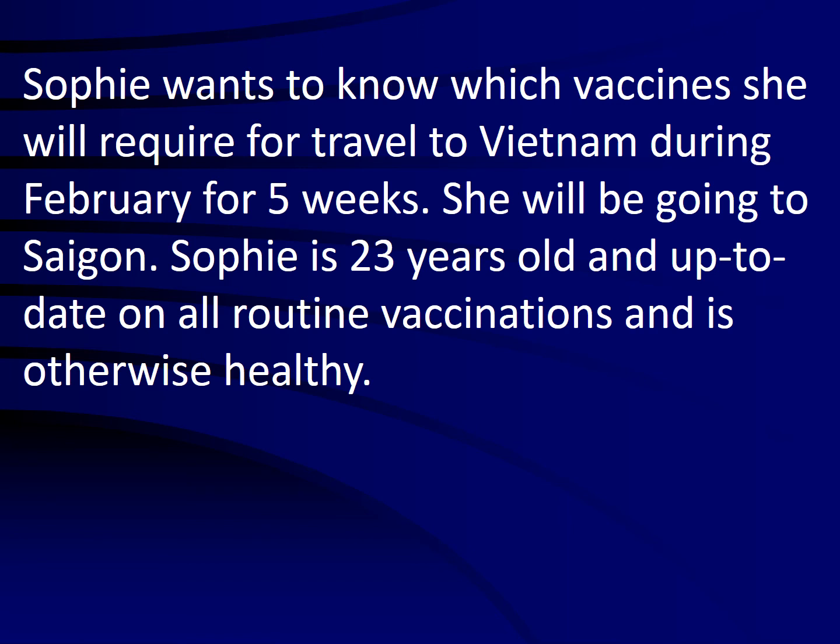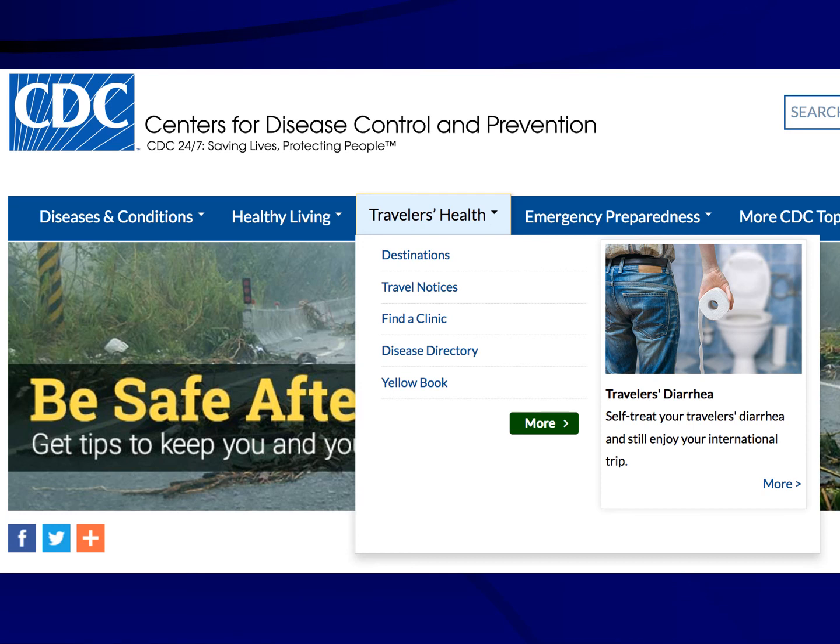So whenever I receive a question about travel vaccinations, I know to automatically go to the CDC website under travel vaccinations. So Traveler's Health is on the home page for the CDC. And all you do is choose Traveler's Health with the drop-down arrow and then click on Destinations.